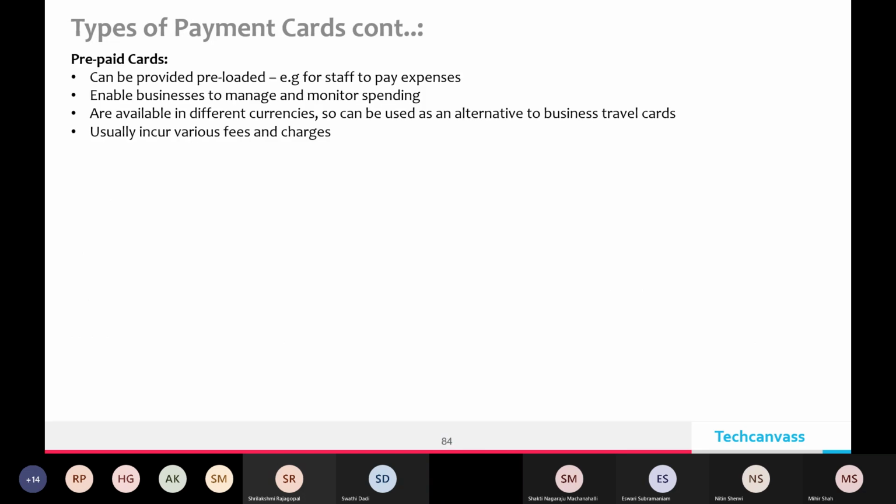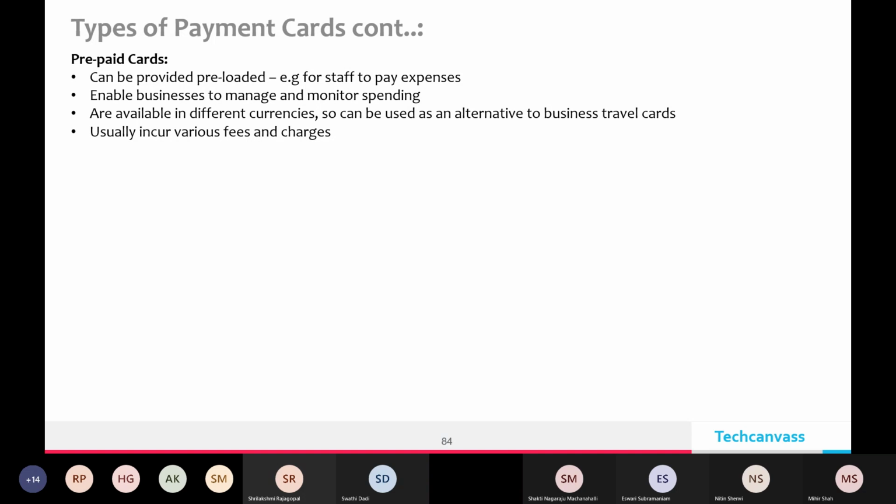And then prepaid cards. These cards are preloaded with a certain balance, and this enables the users to use these prepaid cards to the extent of the balance that is available in the card. One of the examples is traveler cards. Say, for example, you are traveling to the US, or any other country.